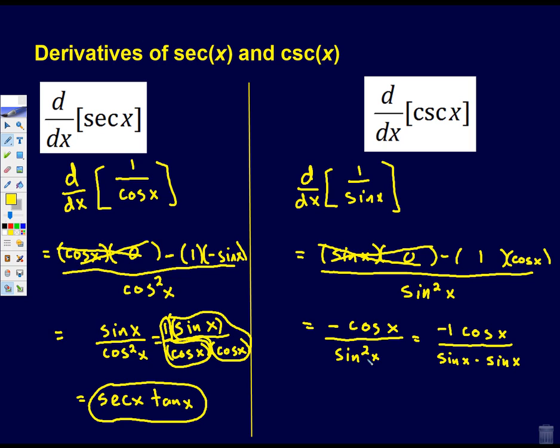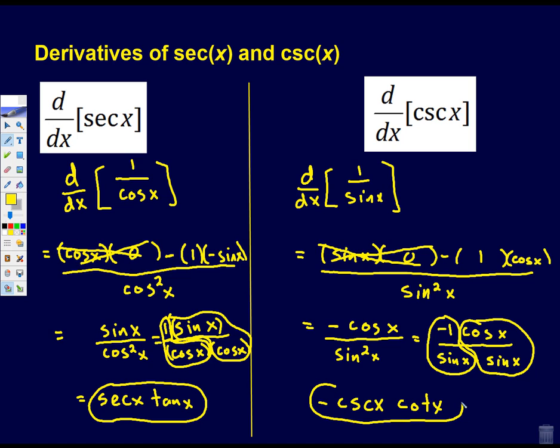And to help me write it like the other one, I'm going to write the numerator as negative 1 times cosine x, and the denominator as sine x times sine x. And then regroup this into two fractions. One of them will be negative 1 over sine x, which is negative cosecant x. And then I've got the fraction cosine x over sine x, which is an identity for cotangent x.